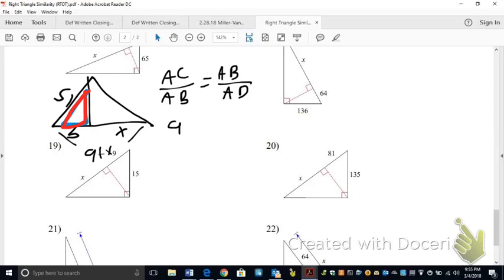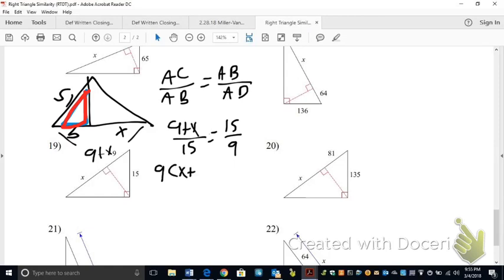I can't do that video-wise, but if I were you, I would legitimately take my homework paper, my test prep, my actual test, and rotate it until it matches up with my model triangle, and go from there. So I have 9 plus x over 15 equals 15 over 9.